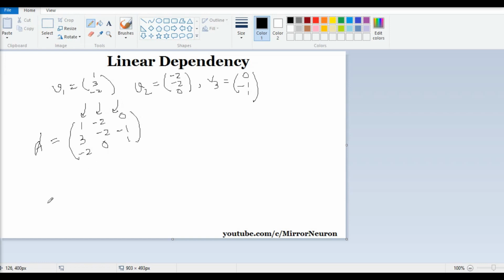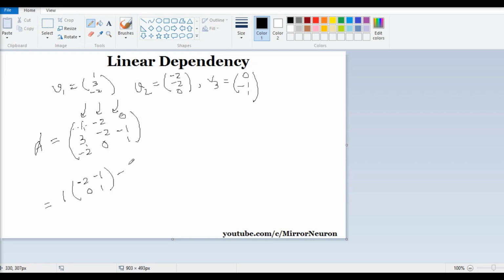Alright, so from my previous chapter I know that this can be calculated by first taking this row and this column, so that means I have 1 and then the remaining 4 elements: minus 2, minus 1, 0 and 1.